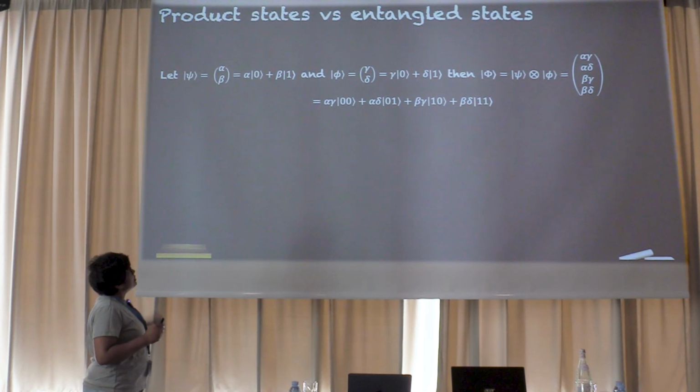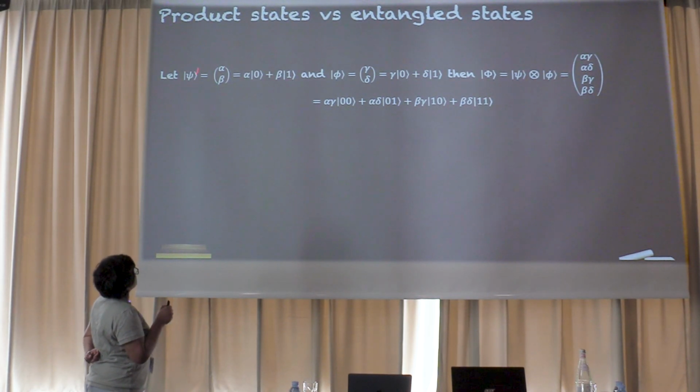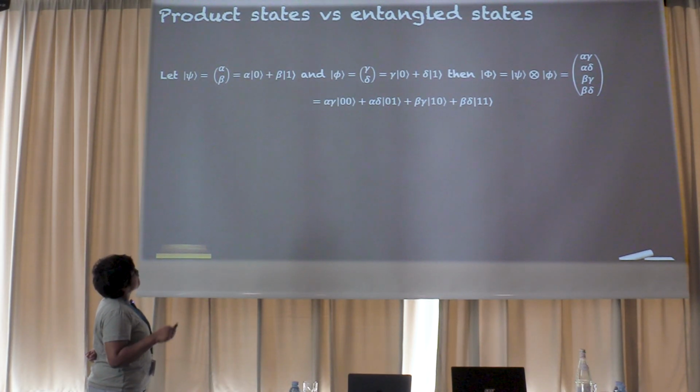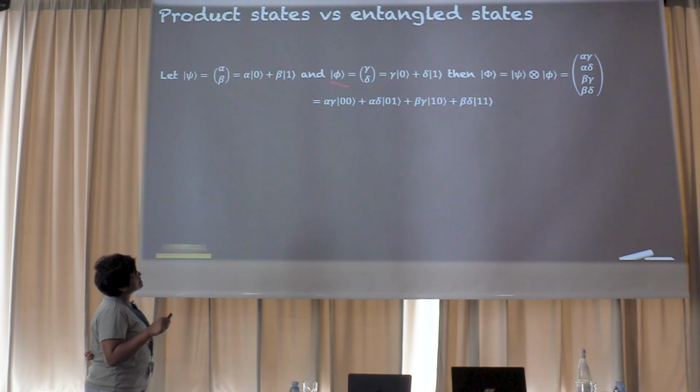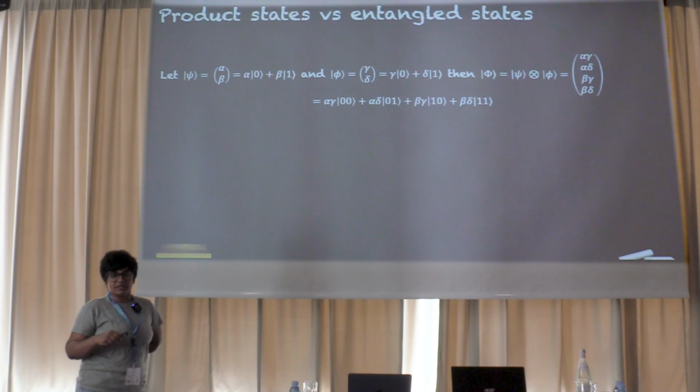And mathematically, what entanglement means is, if I have, say, 2 states, psi, which is described by alpha and beta, and phi, which is described by gamma and delta, I can just tensor multiply these vectors, and that will give me this state. I just opened up these vectors: alpha times gamma, alpha times delta, then beta times gamma, and beta times delta. These are the coefficients that I get.